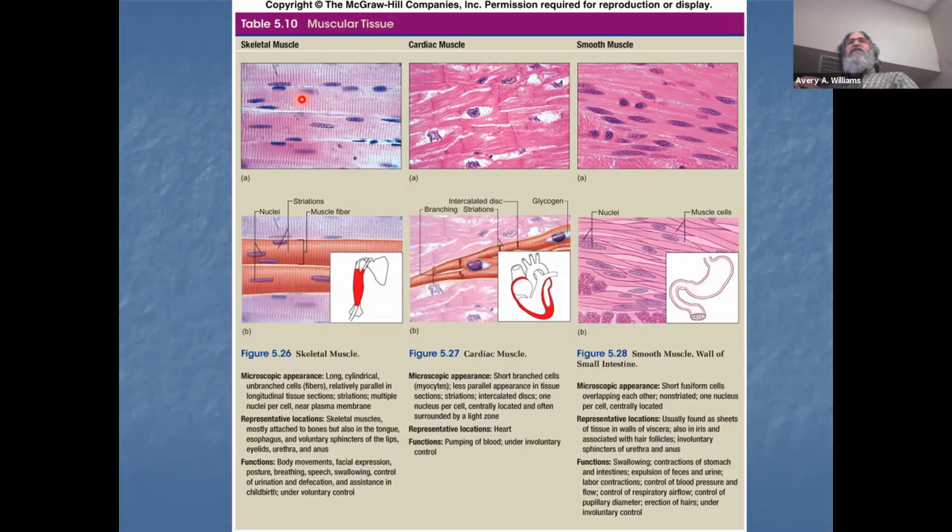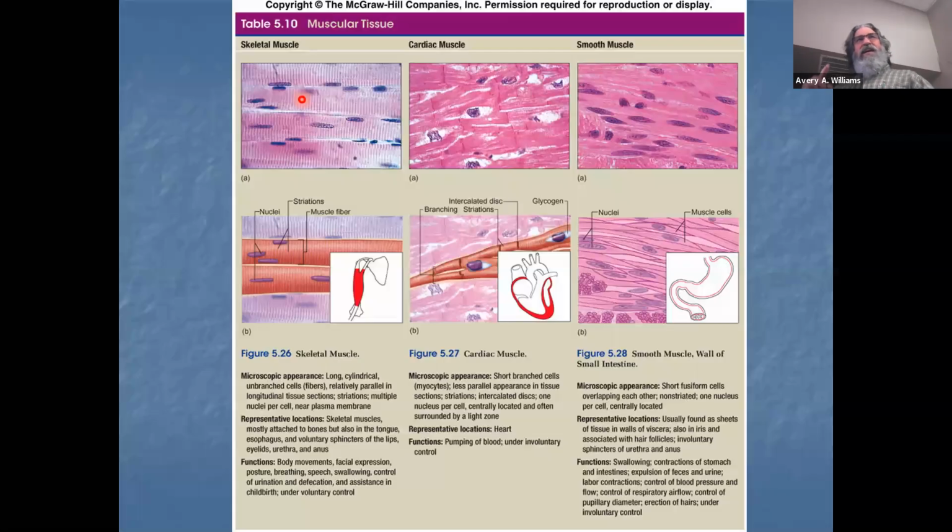So this is your voluntary muscle that you have conscious control over. If you're moving on purpose, talking, blinking, jumping up and down, breathing, whatever, you're using skeletal muscle. And most of the time, it's attached to your bones.